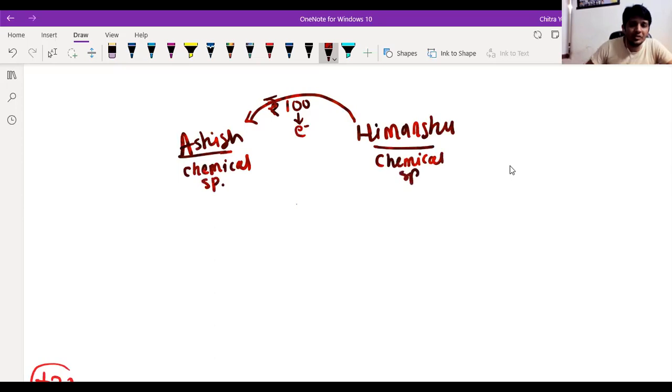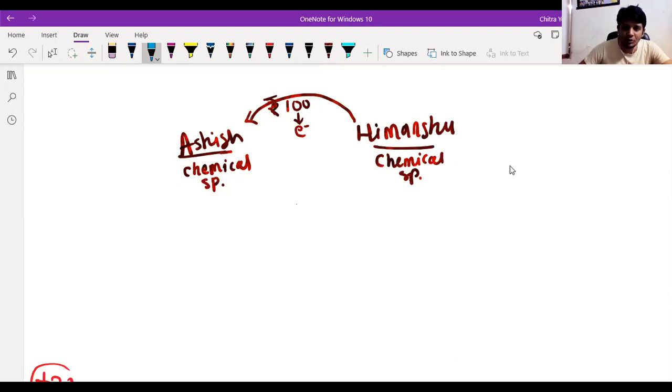Chemical species. Okay, so here we can understand that Himanshu is losing electron, or losing money, 100 rupees. Means Himanshu is getting oxidized, because Himanshu is nothing but the chemical species.